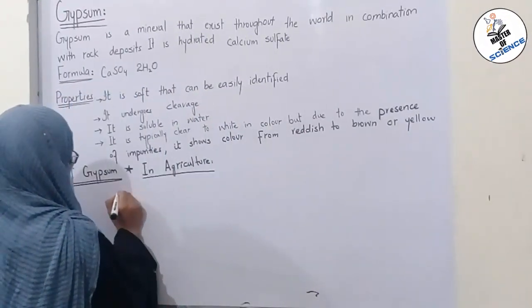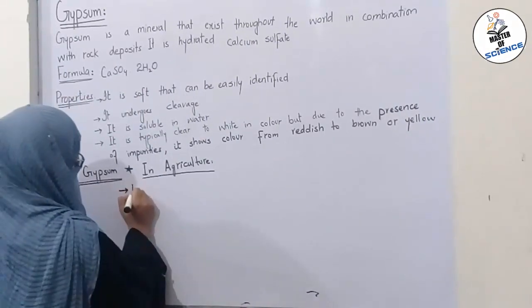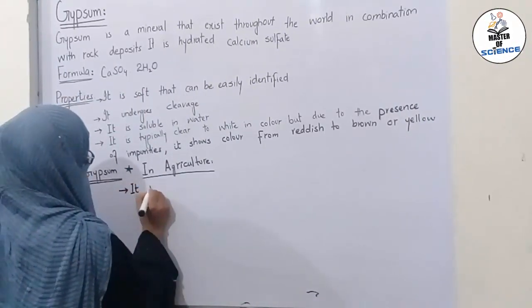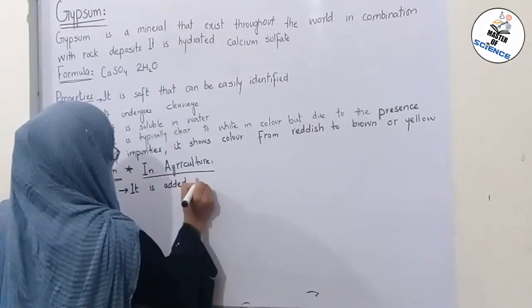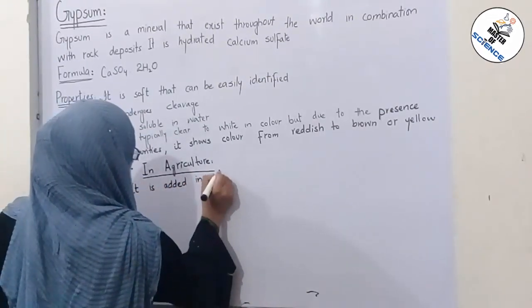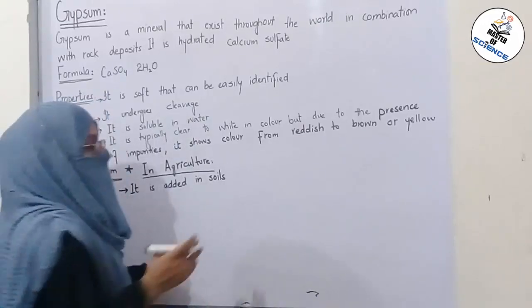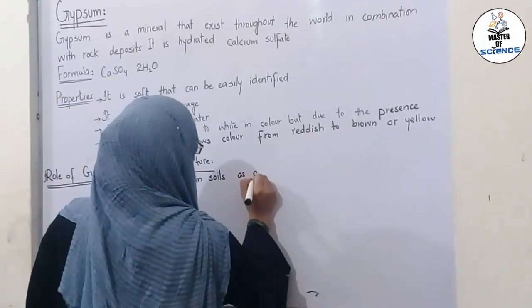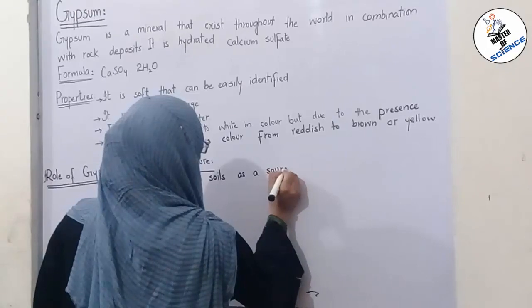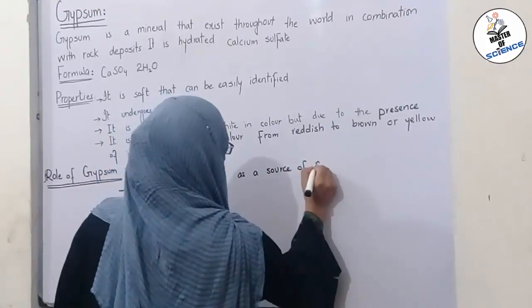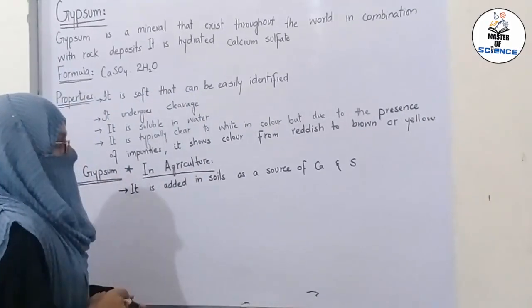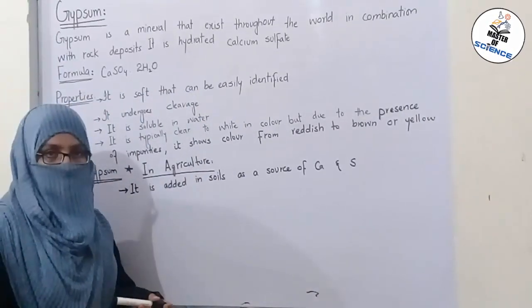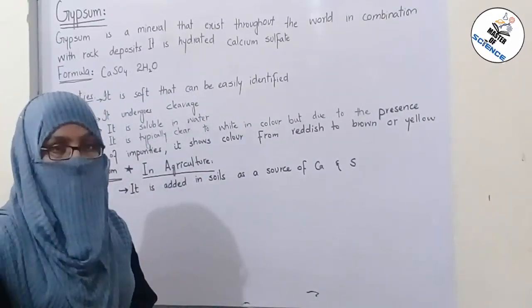So first point is that it is added in soils as a source of calcium and sulfur, particularly soil which is subjected to extensive leaching.